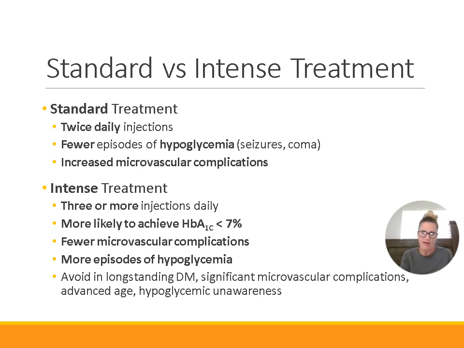You don't have as tight control of the glucose, so there are more complications. Like increased microvascular complications, there's an increased likelihood that the patient's going to have retinopathy, neuropathy, kidney issues, etc., because you're not controlling the glucose as tightly.